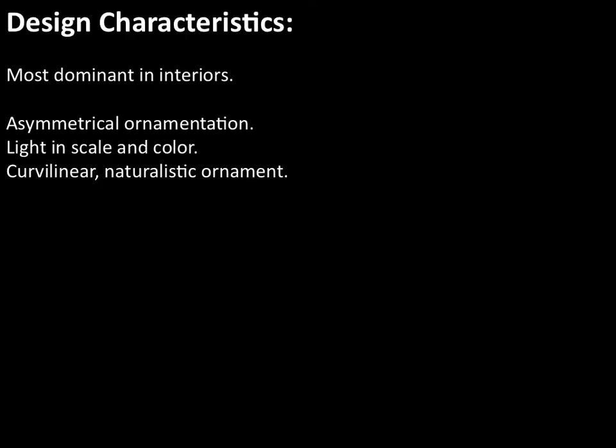Everything we've seen up to this point has been symmetrical, and everything is very light in scale and in color, but with a lot of curves, so you have this curvilinear look and naturalistic ornament. So ideas drawn from Mother Nature. And we still have the idea that the room itself is in unity with the furniture in it. So everything is of a piece.